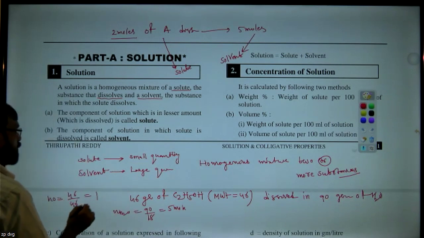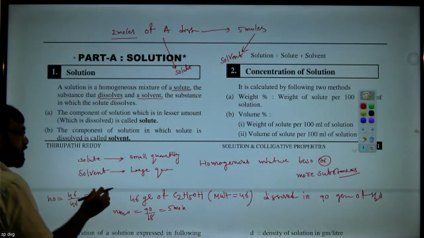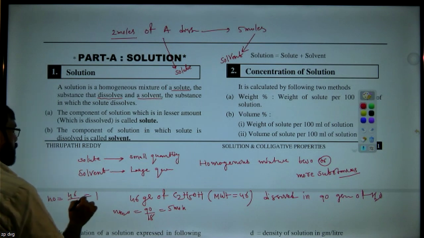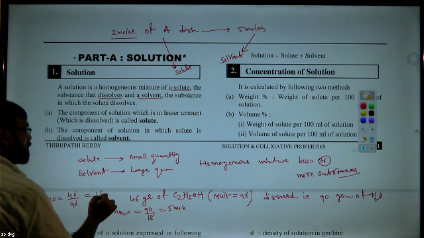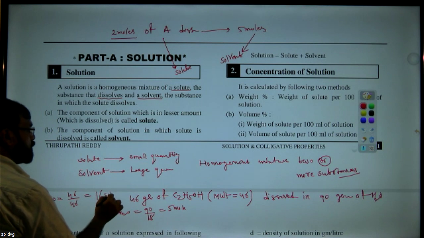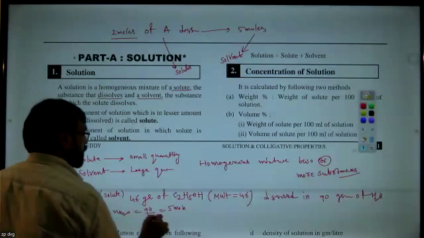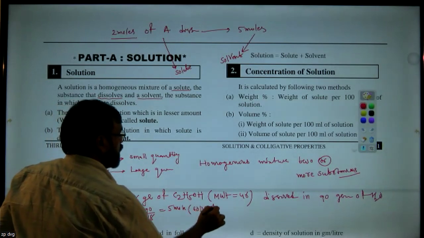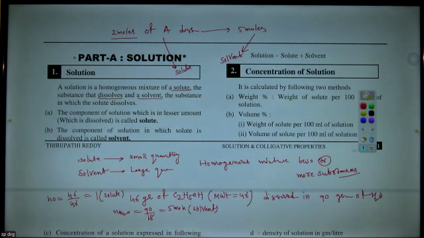So in this condition, ethyl alcohol is having less number of moles, therefore it is called as solute. And water is known as the solvent. It is the introduction of the solute and solvent.